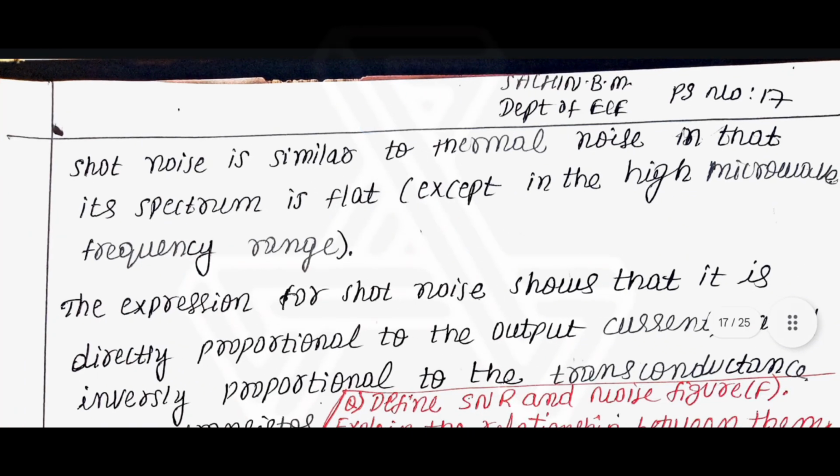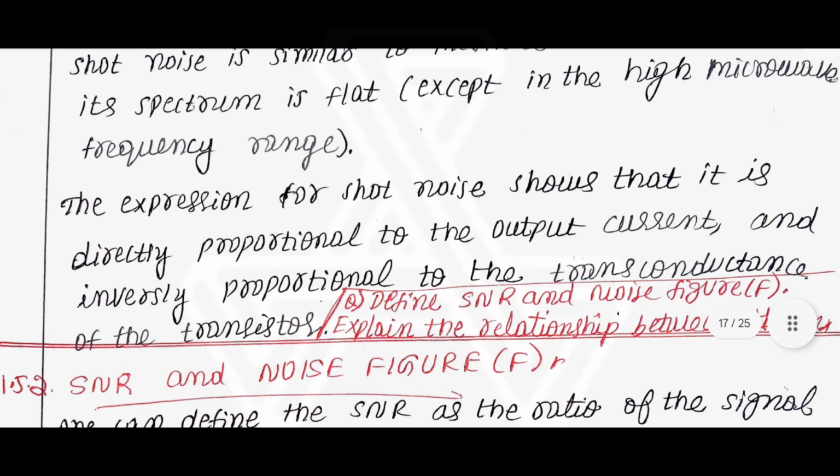Shot noise is similar to thermal noise in that its spectrum is flat, except in the high microwave frequency range. The expression for shot noise shows that it is directly proportional to the output current and inversely proportional to the transconductance of the transistor.